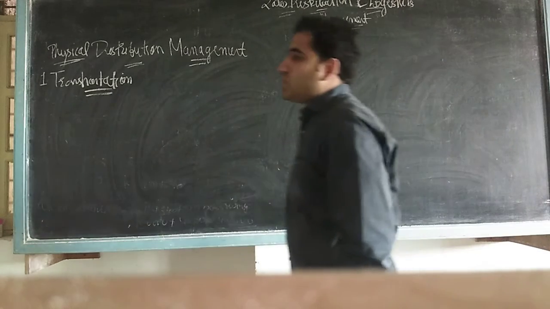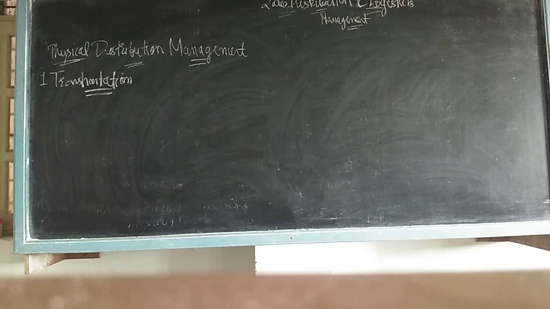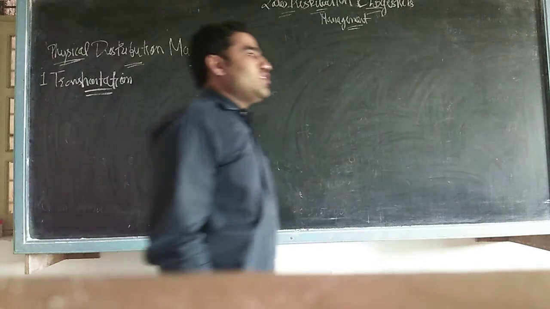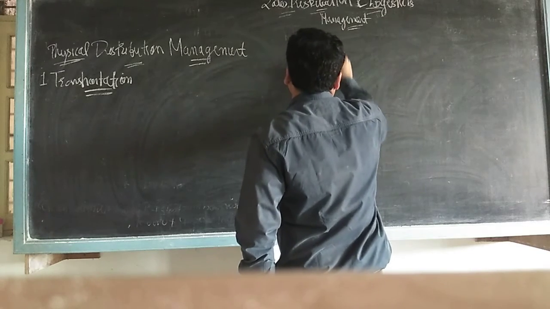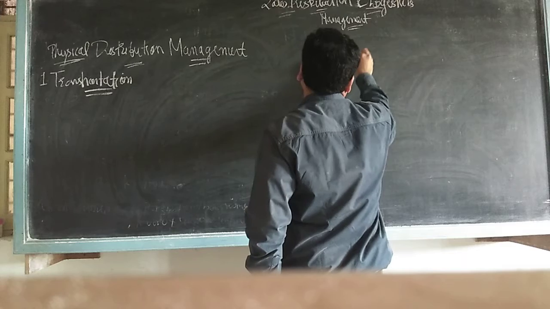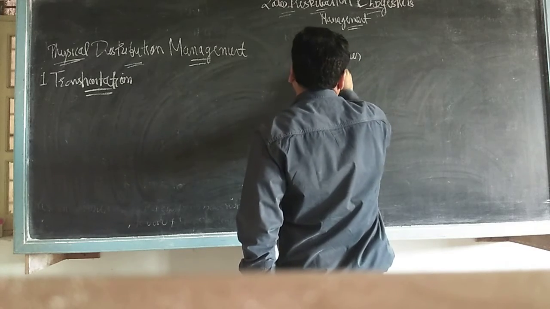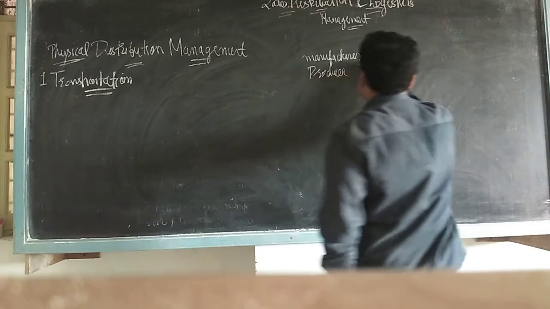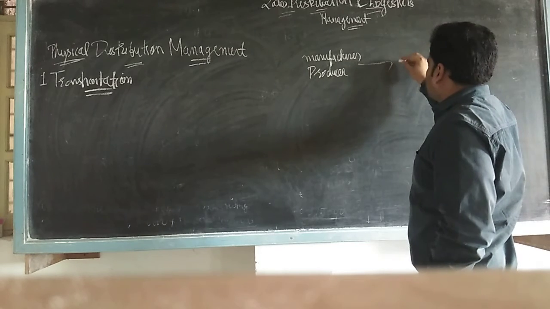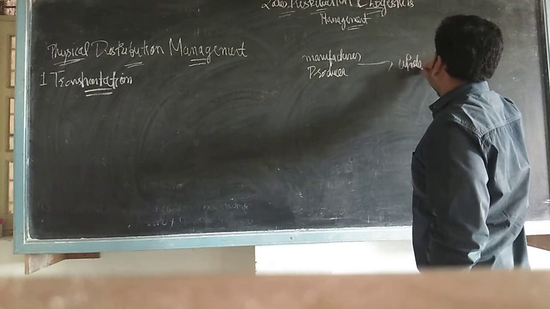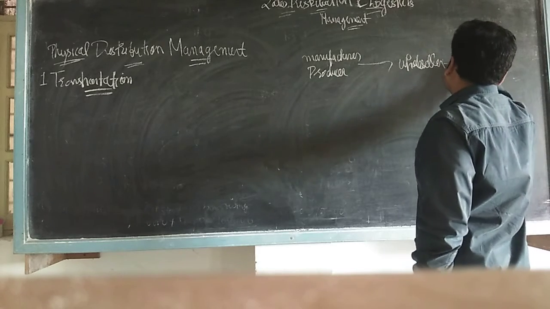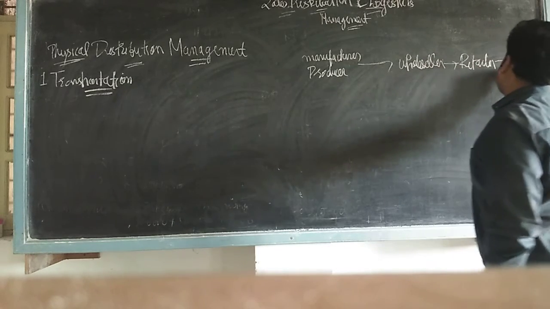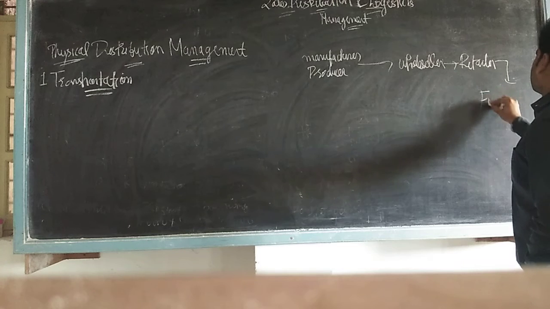So, as the name suggests, it is quite simple. Transportation मतलब कि जो मैन्युफैक्चरर है, प्रोड्यूसर है, उसको चाहे हम होलसेलर की बात कर रहे हैं, होलसेलर से रिटेलर तक एंड रिटेलर से फाइनल कंज्यूमर.